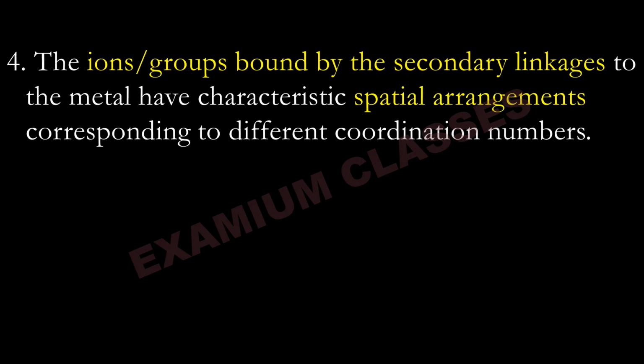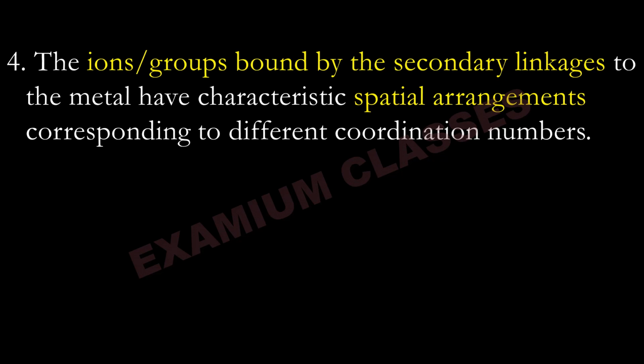The ions or groups bound by the secondary linkages to the metal have a characteristic spatial arrangement. This is almost the same thing you have done in 11th grade in chemical bonding. In chemical bonding, we talked about tetrahedral structure, trigonal pyramidal structure, trigonal bipyramidal structure, exactly the same thing. Because if 6 ligands are connected, what structure should they follow? Apply the same logic, VSEPR theory.